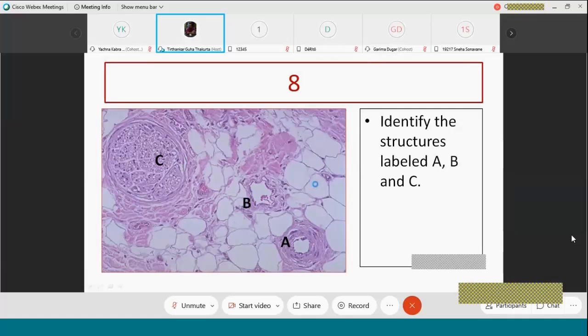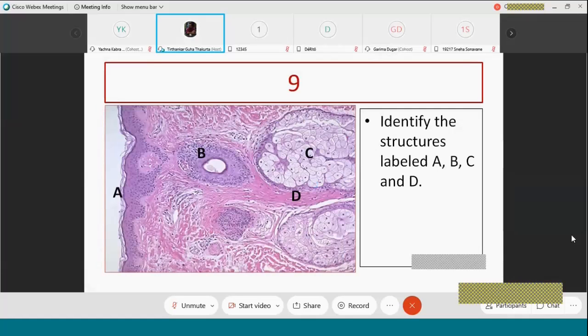Try this one. I'll tell you that this is very easily a biopsy of the skin. So that is not my question. In the skin, what do A, B, C and D represent? So let's go one by one. What is A?